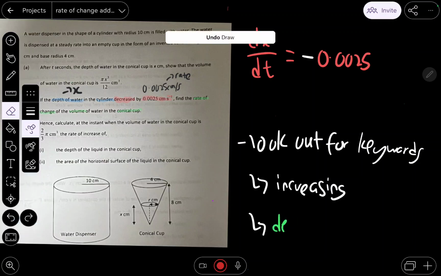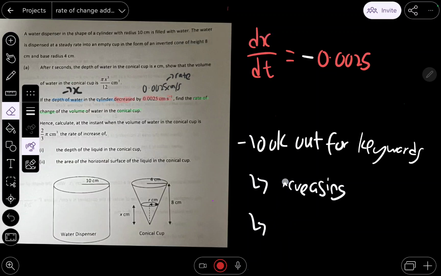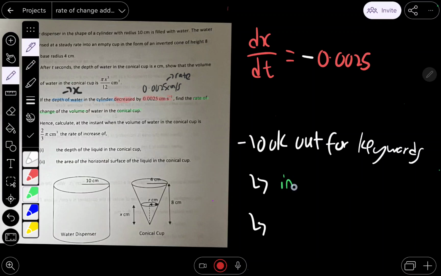Increasing is positive, like they say green light go, red light stop. Increasing, maybe I'll write in red. Decreasing, I'll write in blue. I want you to take note of all these, because decreasing is negative, so your value will be negative, and for increasing, it will be positive.